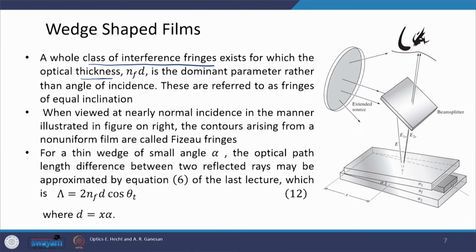Apart from the fringes of equal inclination, there exists a separate class of fringes which is called fringes of equal thickness. Fringes of equal thickness means this path difference, which is given by capital lambda. Here you see that there are terms which depend upon n_f and there are terms which depend upon theta t or theta i.